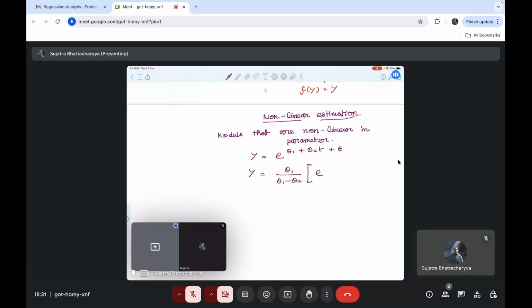This is exponential minus theta t to the power minus theta 1, all plus epsilon. So this is also a kind of non-linear function in thetas.